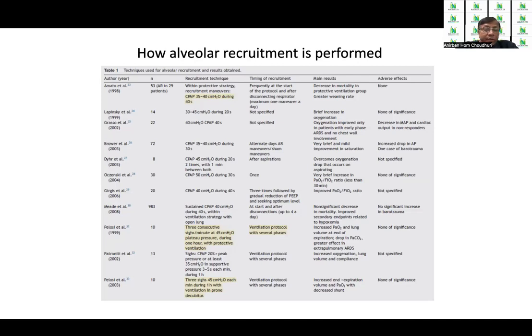In another study of 3 sighs of 45 centimeters during 1 hour with ventilation in the prone position, they found increased end-expiratory volume and PO2 with decreased shunt. Although there were no adverse effects, the actual benefit in the prone position could still not be defined very clearly.